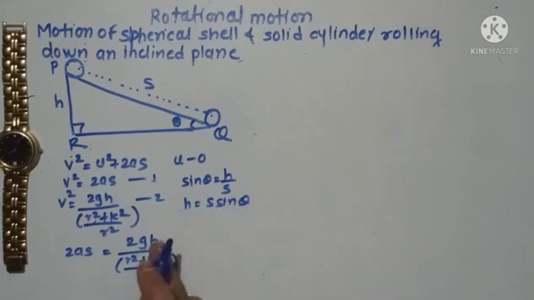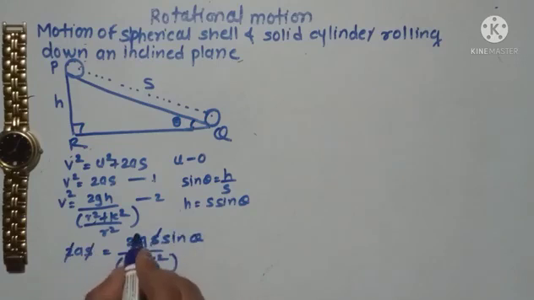Now if I put the value of h as s sine theta, the s will get cancelled, the 2 will get cancelled, and we can write a as r square g upon r square plus k square. This is the acceleration of a rolling body down an inclined plane.